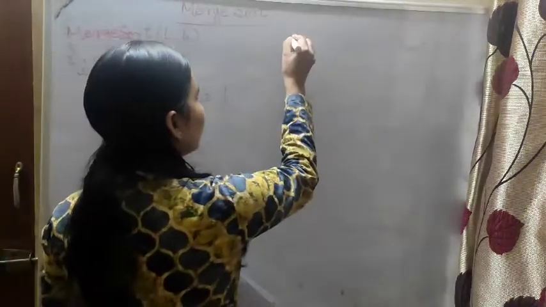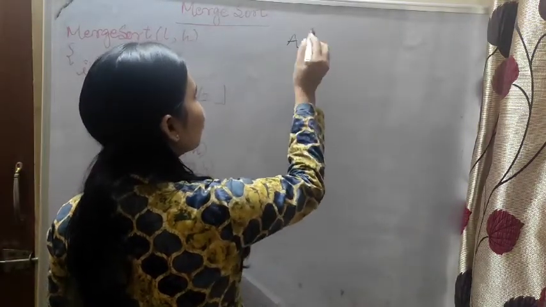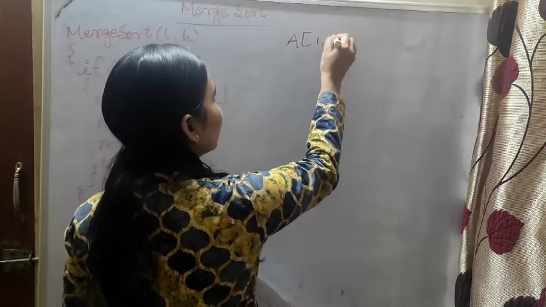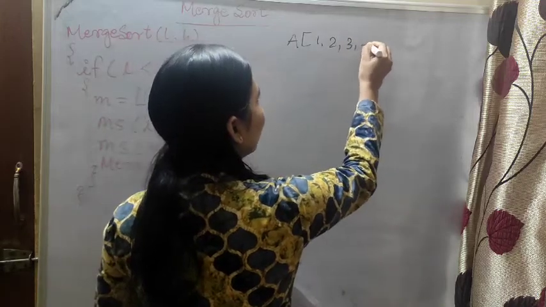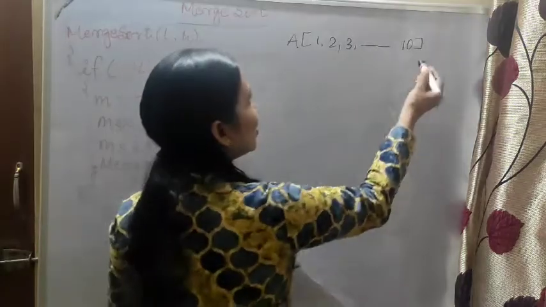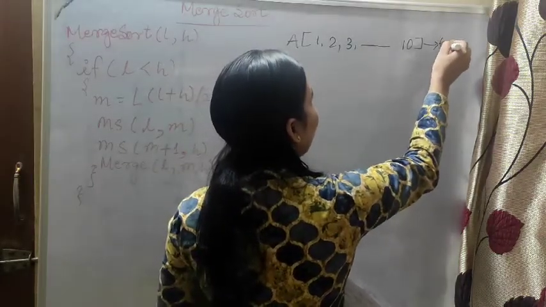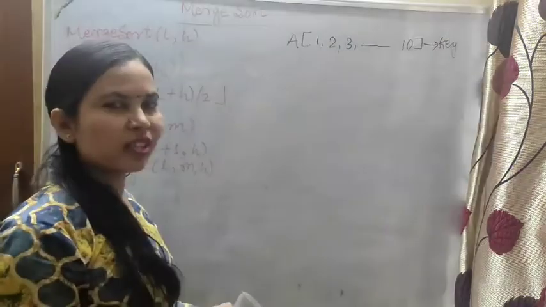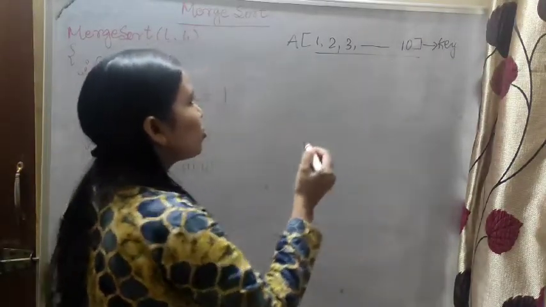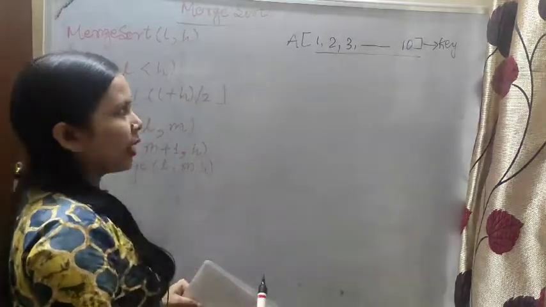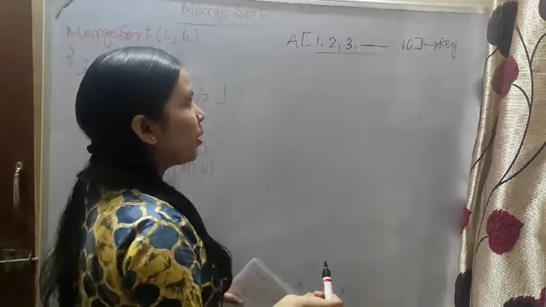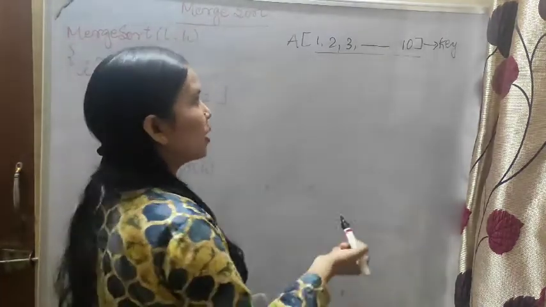Now suppose this is an array with the first element, second element, third element, and like this 10 elements are given. These elements are called key elements. Whenever we are sorting with the merge sort algorithm, first we will split it into two subsets.